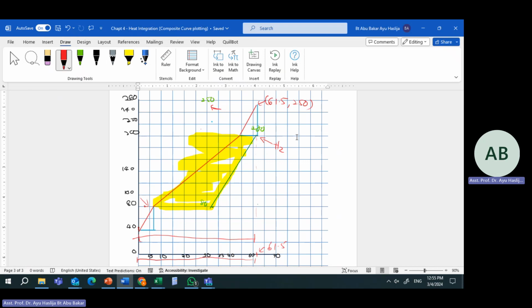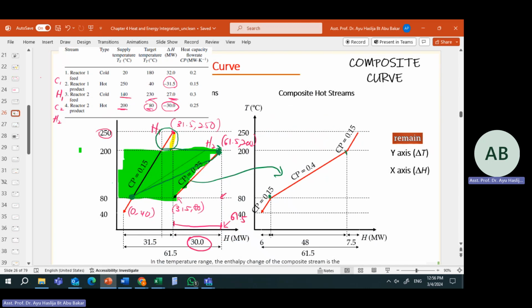Any question? Since we combine the streams, the CP for the combined stream is the summation of both streams. Once we combine, the CP becomes 0.4.